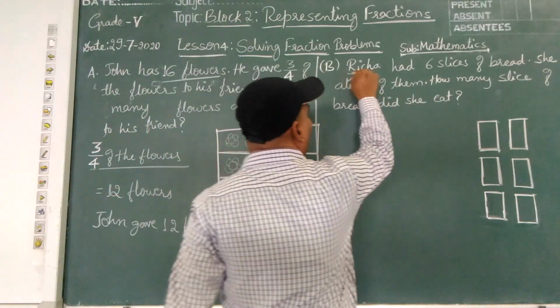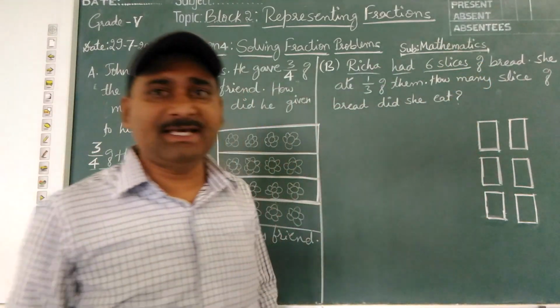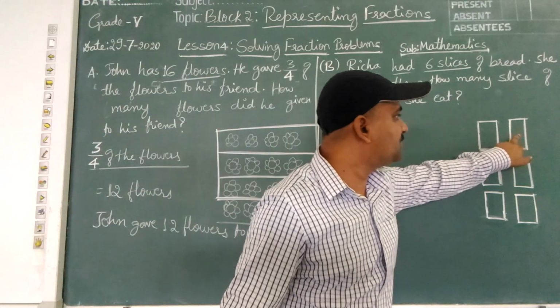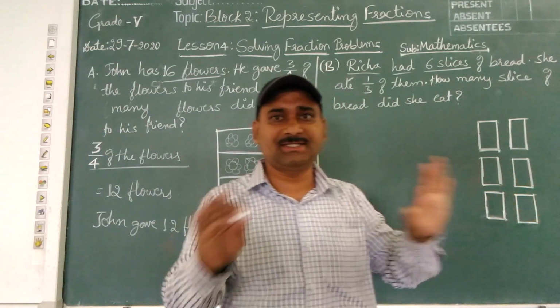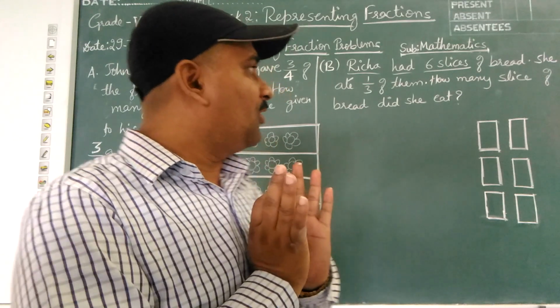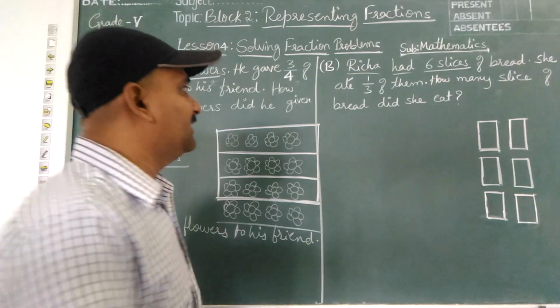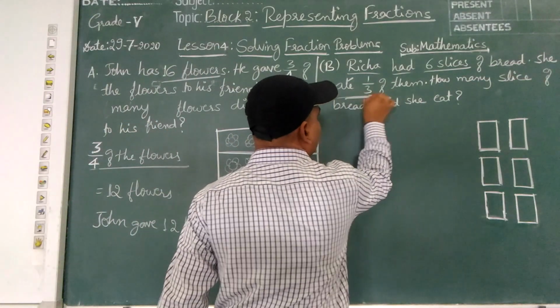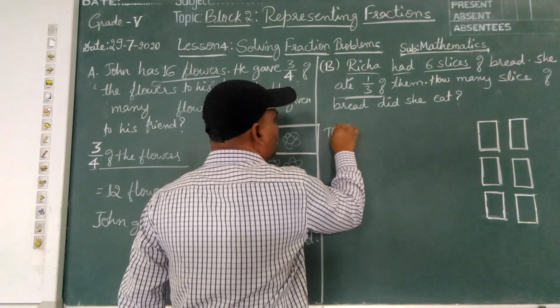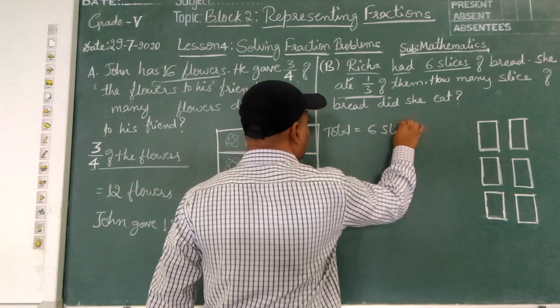So, Rita had total 6 slices of bread. 1, 2, 3, 4, 5, 6 slices of bread. And out of 6 pieces, she ate 1 by 3 of them. Total 6 slices.